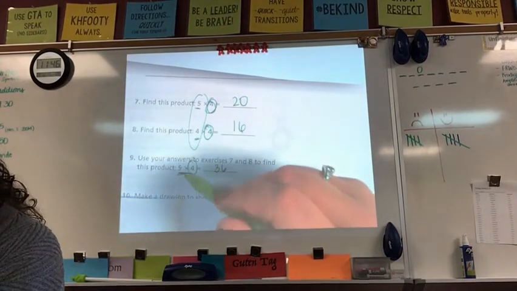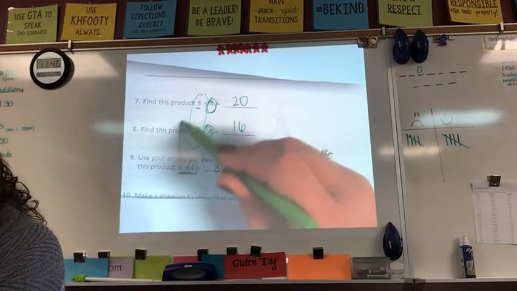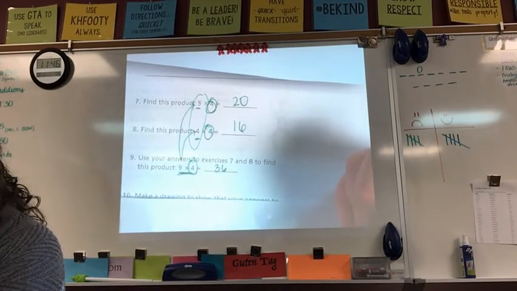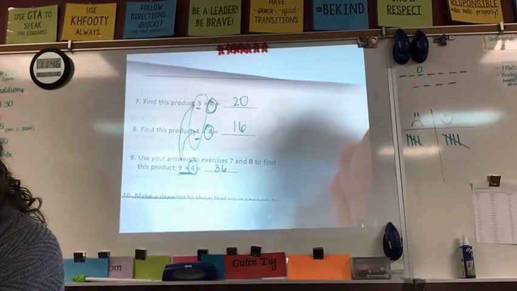So then I took the 9 and it was broken up into a 5 and a 4. Would you agree that 5 plus 4 gives me 9? That's how that distributive property works.